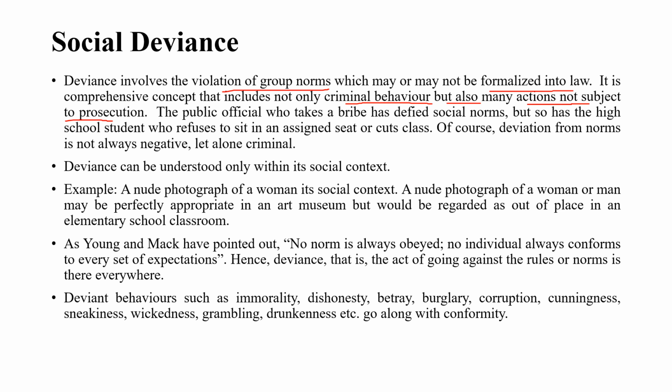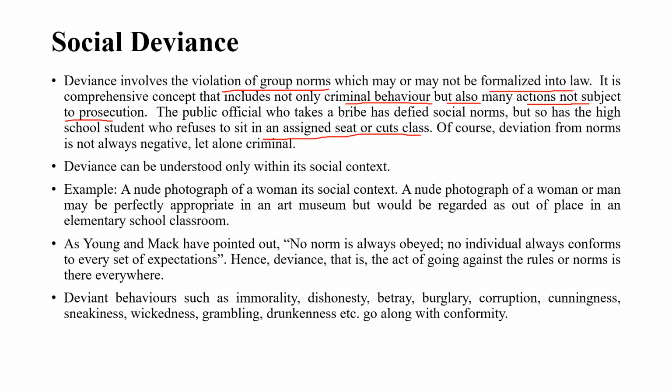All right. The public official who takes a bribe. Now they have tried to substantiate with an example. The public official who takes a bribe has violated a social norm, but so has a high school student who refuses to sit in an assigned seat and cuts class. The public official's behavior is legally not right.